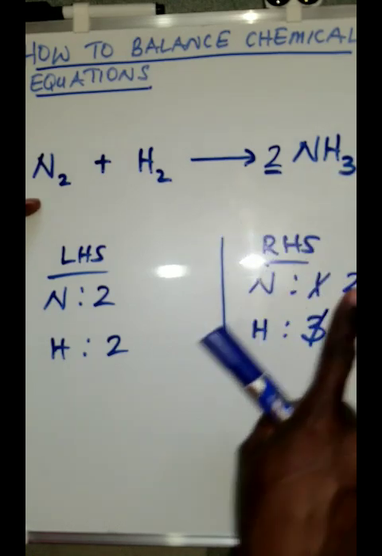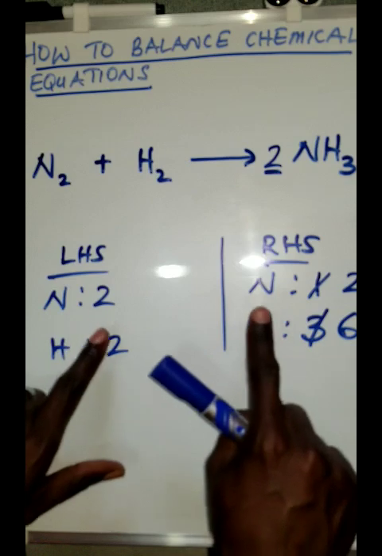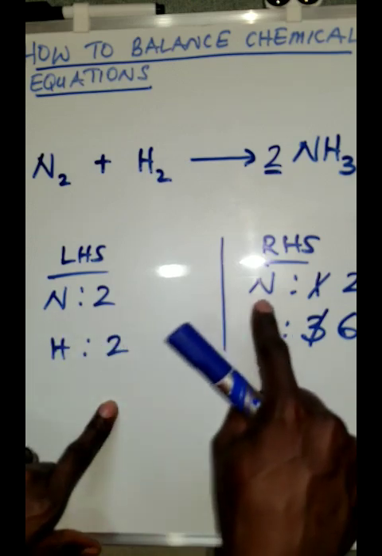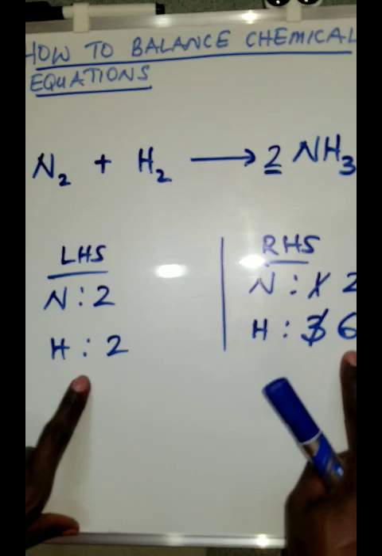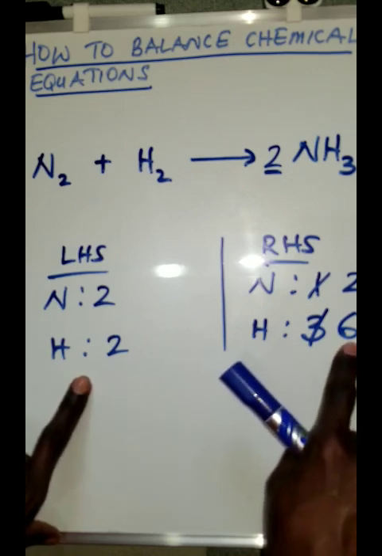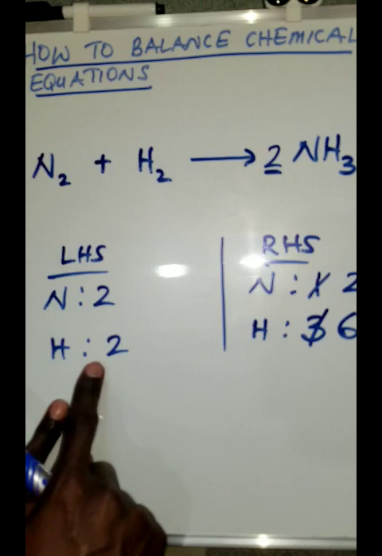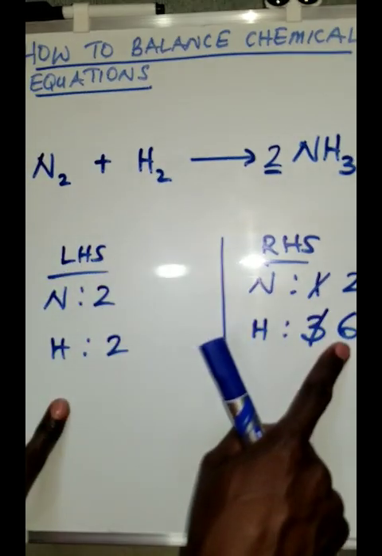So you come back now so that you balance up. Remember, on the right-hand side and on the left-hand side, the number of nitrogen atoms have actually balanced. So our focus now should be on the hydrogen atoms. Since on the right-hand side you have 6, you need to ask yourself, what number should I put in front of this hydrogen so that it can give me a 6?